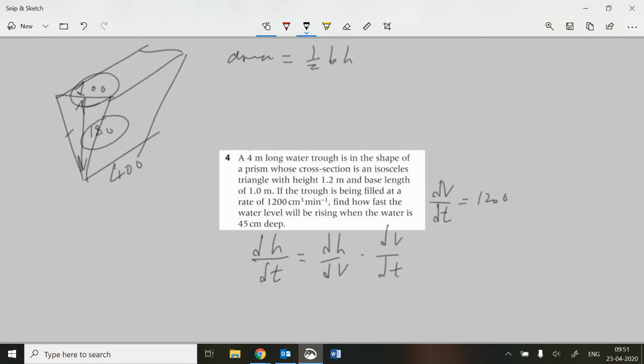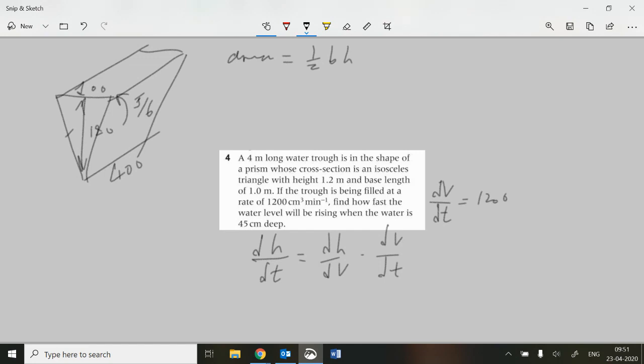There is a multiplier between those two numbers, and it's always the same because you always have similar triangles as this fills. The multiplier is 100 divided by 120, so that's times by 5 over 6.